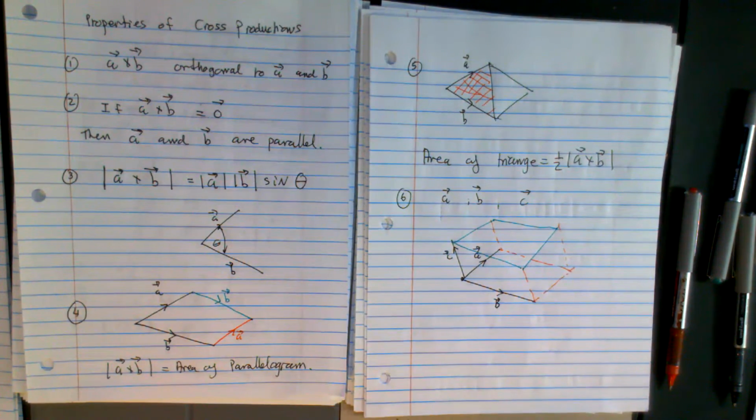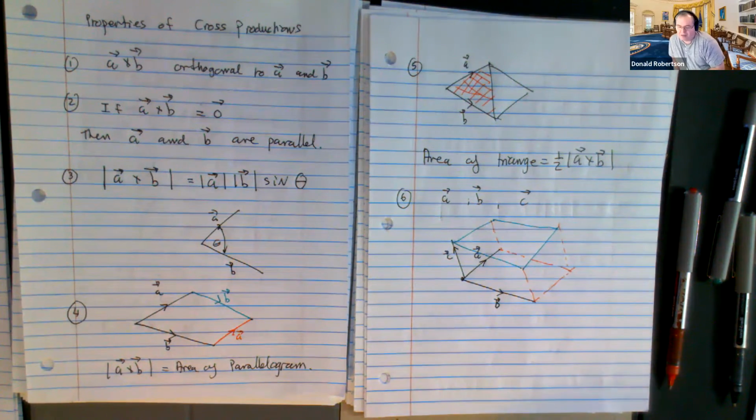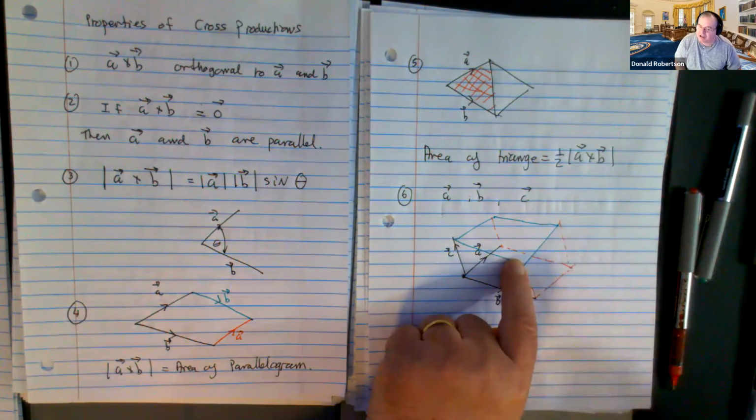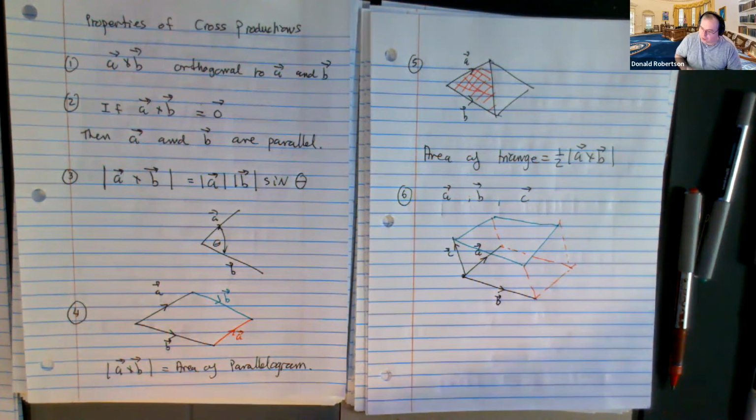Can you imagine that box shape happening using A, B, and C? Now, my box looks very rectangular. Can you pretend it's more like a parallelogram? Because that's what it typically would be. That shape is essentially the equivalent of a parallelogram in 3D. Does that make sense what I'm trying to draw? A parallelogram in 3D.